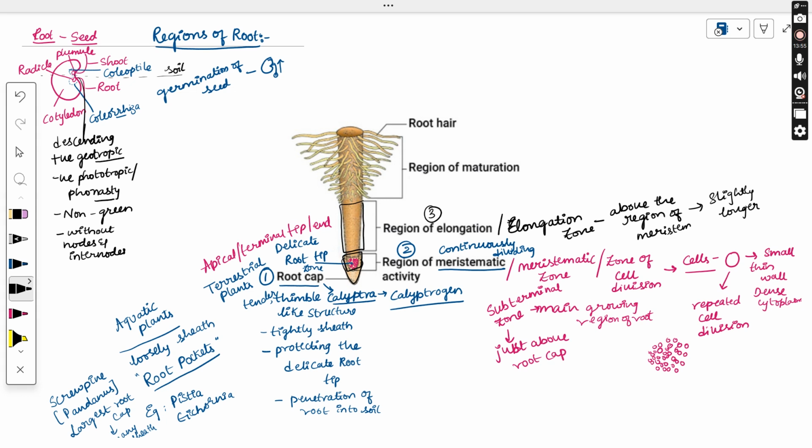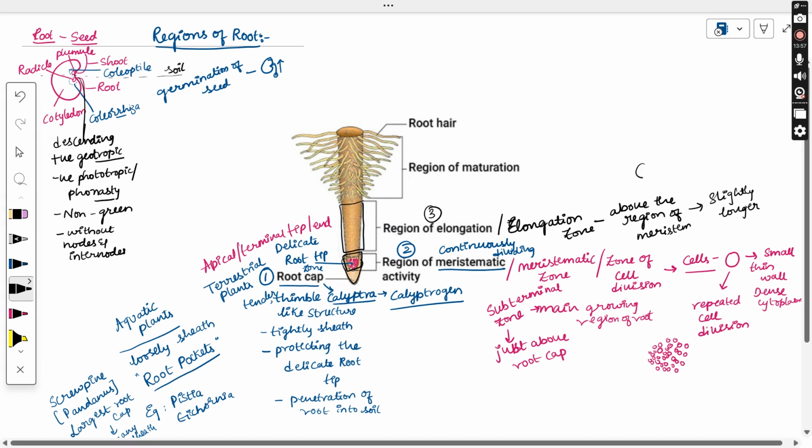Suppose this is the shape of the cell initially; whenever the cell enters this region, it will elongate. Whenever the cell is elongating, it leads to root growth. The cell elongation takes place at a rapid rate. So that is how it is helpful for the growth of the root.